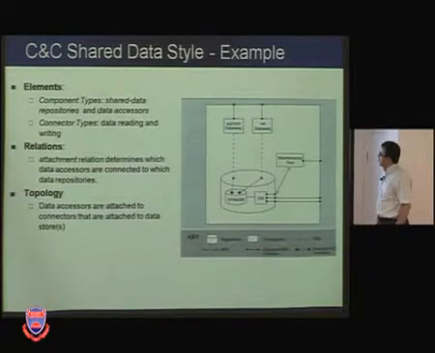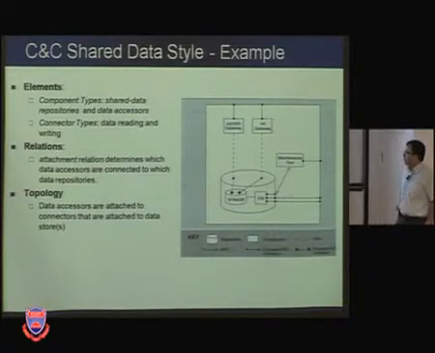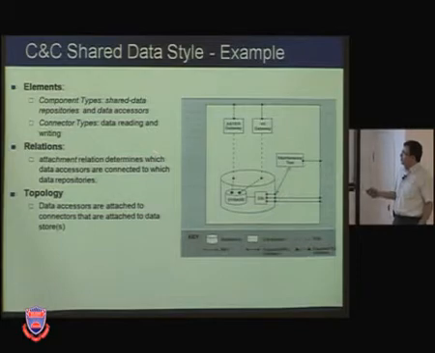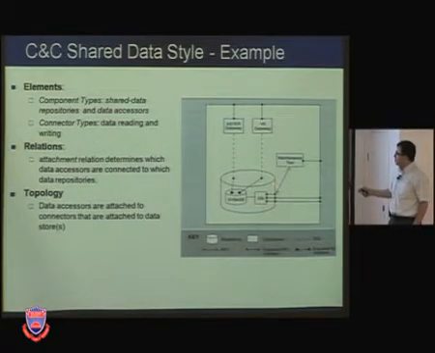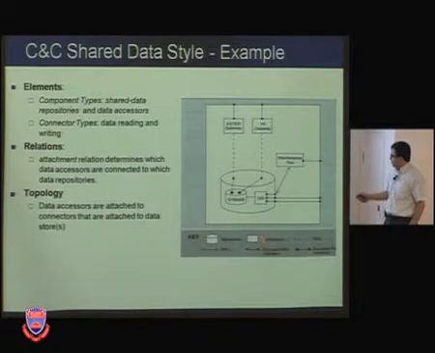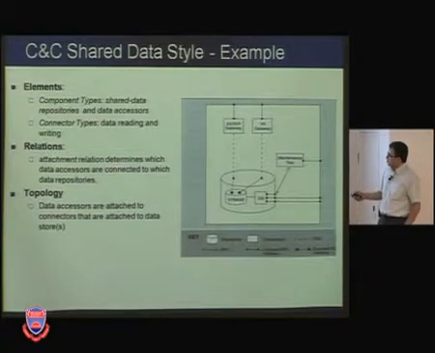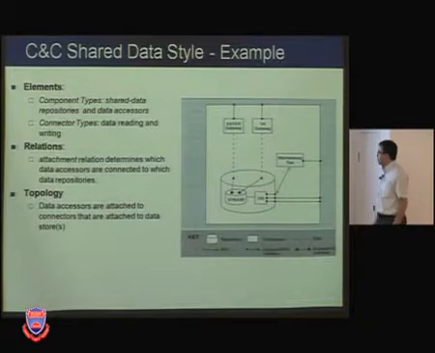This is another style, the shared data style. The component type here is a shared data repository. The connector types are data reading and writing. Here these are the components. We have a repository. The relations are again attachment, which determines which data accessors are connected to which data repositories.